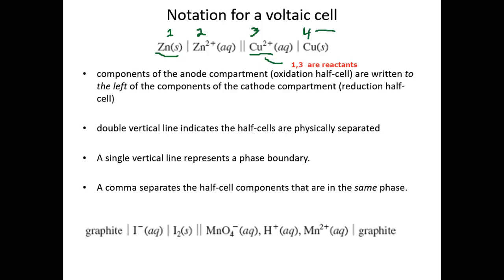And that's how you can write the chemical equation based on the shorthand. So 2 and 4 are products in the redox reaction. So now we're going to look at some examples of how to write notation and also how to take the notation and write the chemical reaction. But again, the inactive electrodes do not show up in the chemical equation.